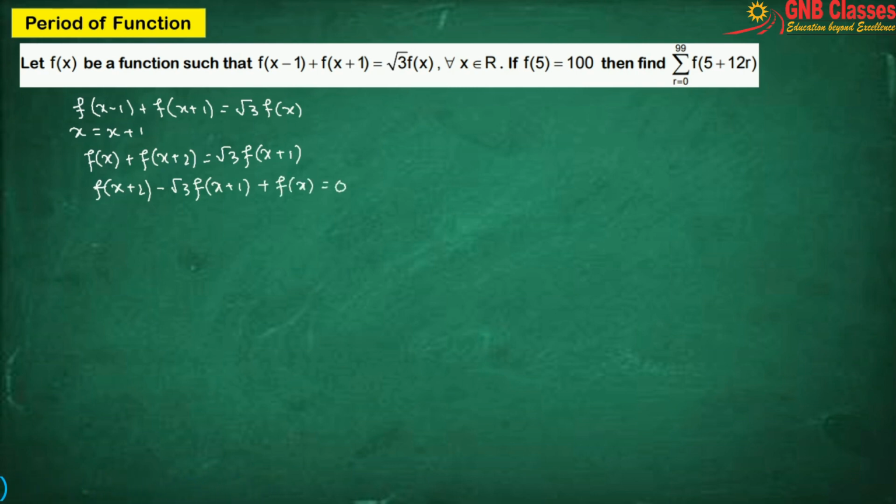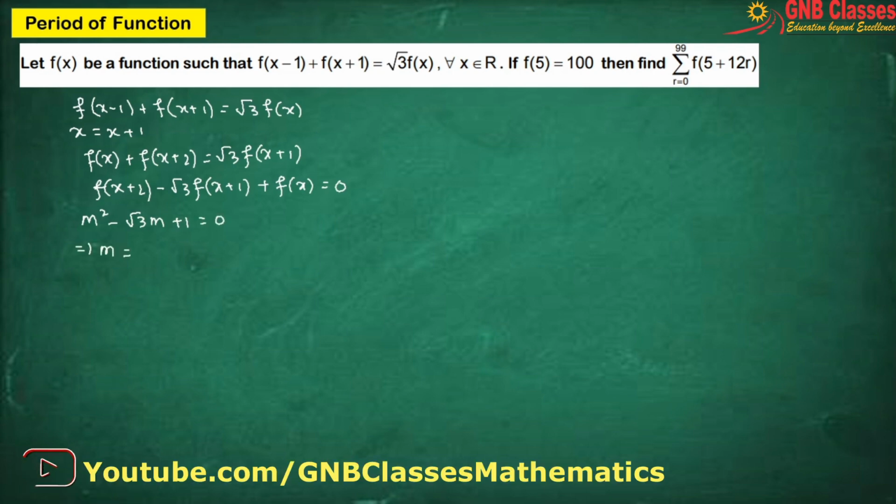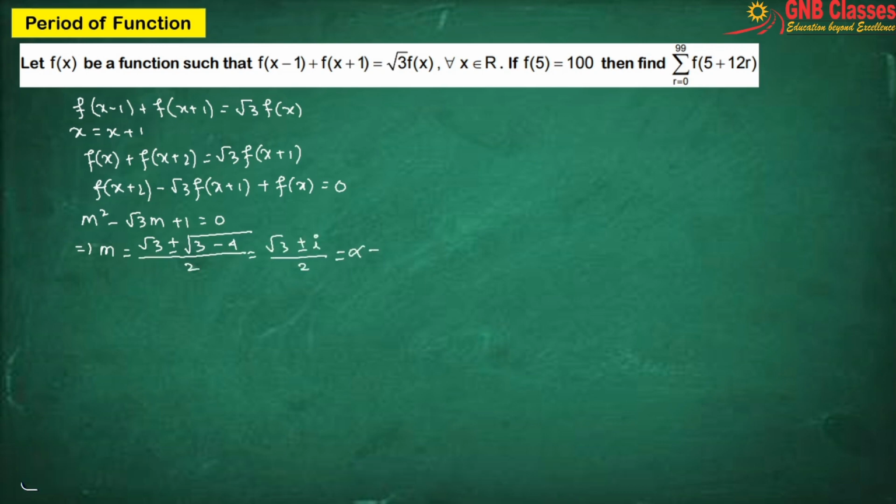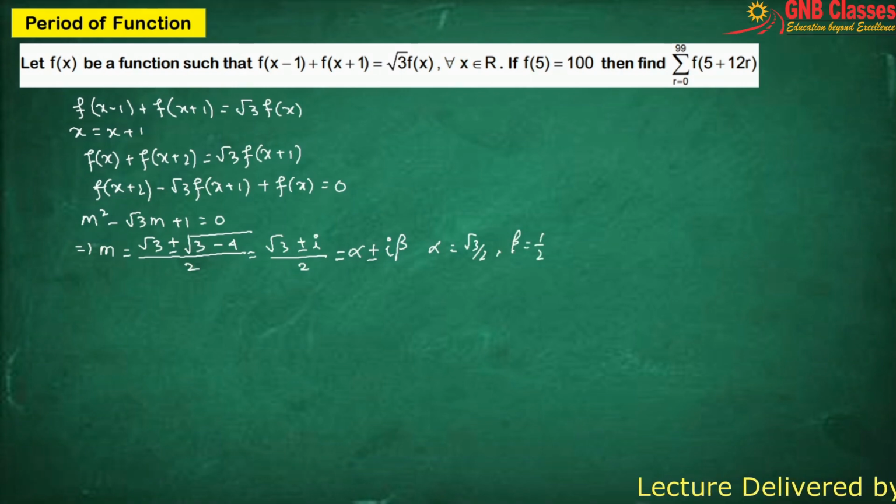Therefore, the quadratic equation will be m square minus root 3 m plus 1 equals 0, which implies m equals, in the form of alpha plus minus iota beta. Here alpha is root 3 by 2 and beta is half.